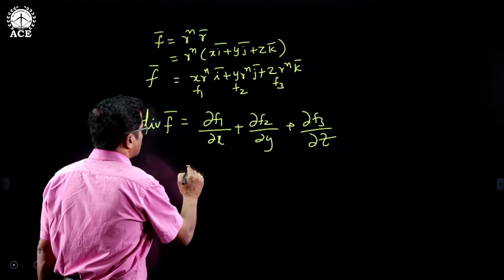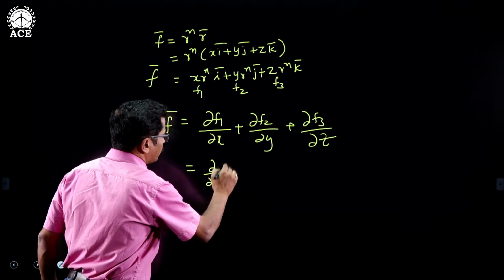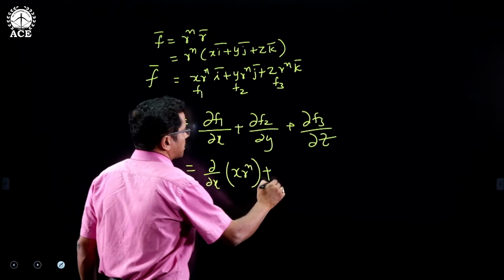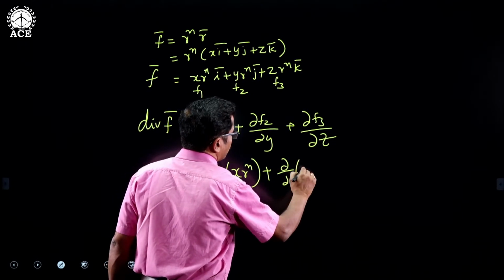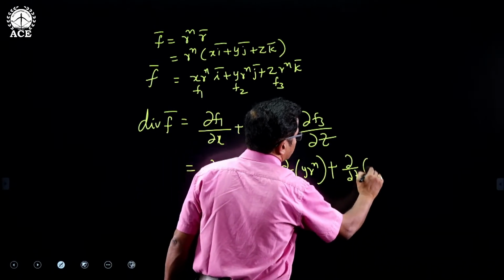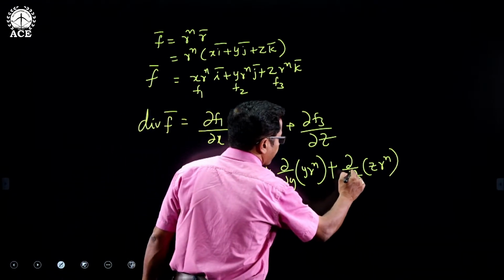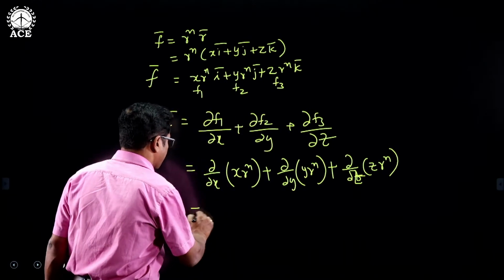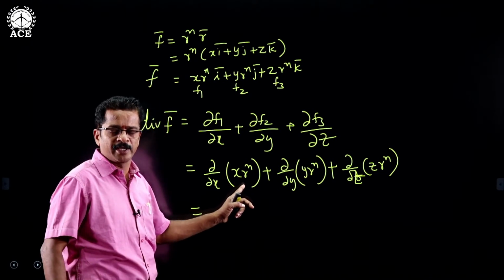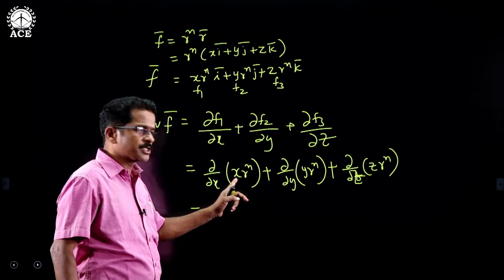Which equals dou by dou x of x into r power n plus dou by dou y of y into r power n plus dou by dou z of z into r power n. Now with respect to x, you need to apply the UV rule here, because r is a function of x, y and z. So both are functions of x, so you differentiate under the UV rule.